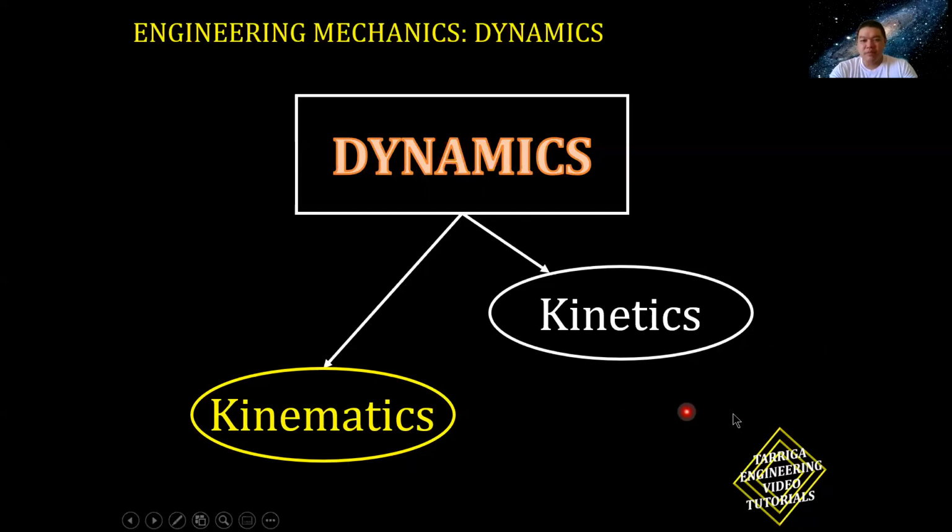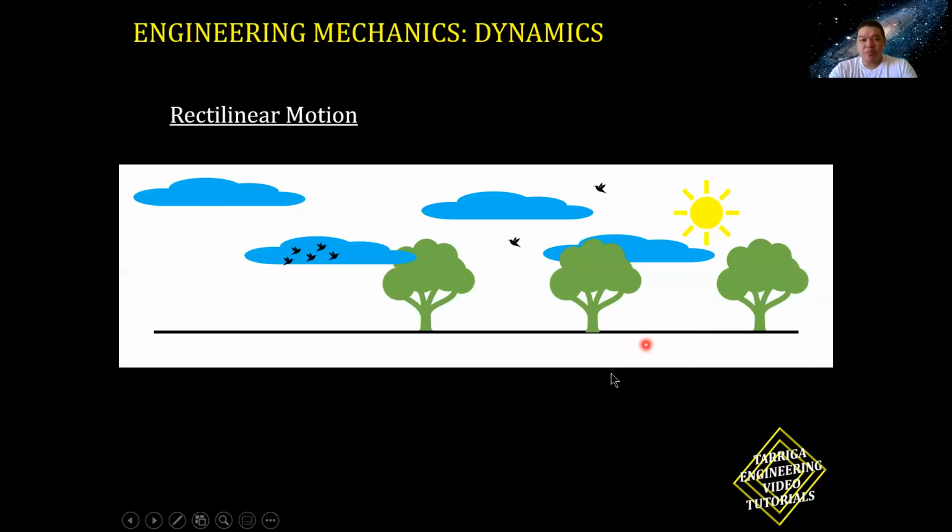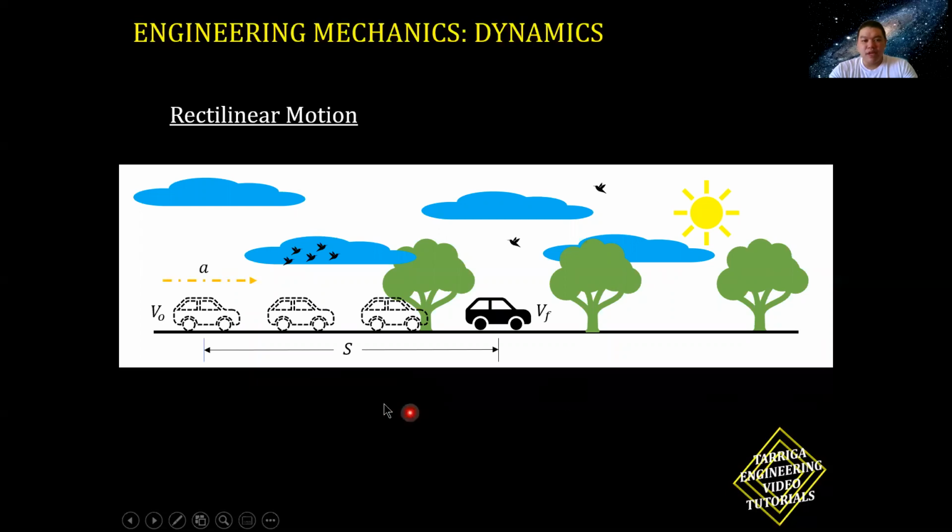In kinematics, we will proceed first to rectilinear motion. As I told you before, rectilinear motion is a linear continuous motion. Suppose we have a car with an initial velocity headed in this direction at an acceleration A. As it goes by, it has a change in position from point 1 to point 2, and that S is called the displacement.